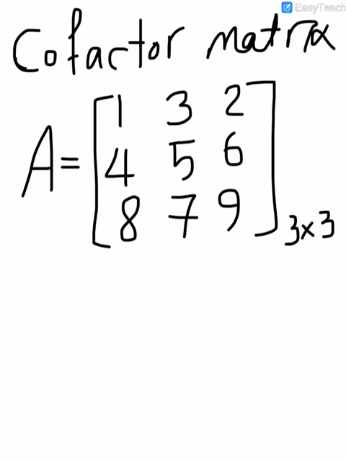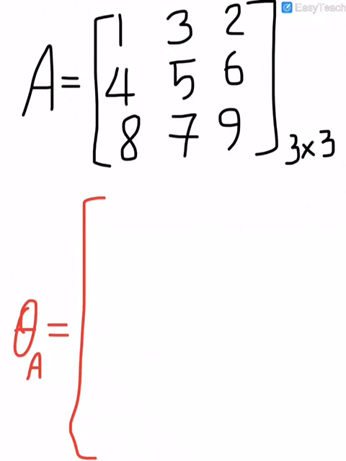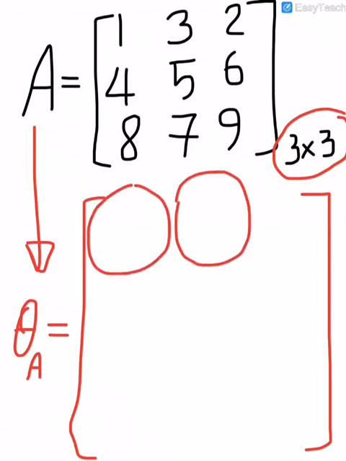And now the cofactor of A, which normally we show with theta or anything you want, we say theta of A, which means the cofactor of matrix A. This cofactor has the same size as the matrix A, so it's going to be 3 by 3.